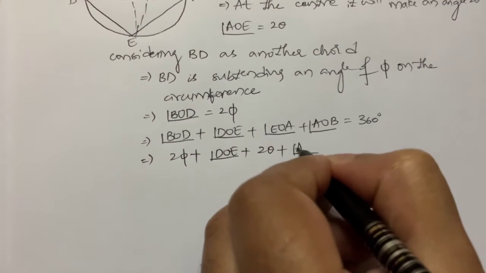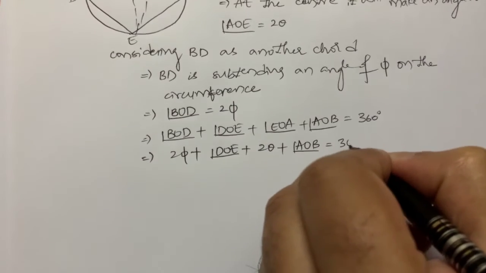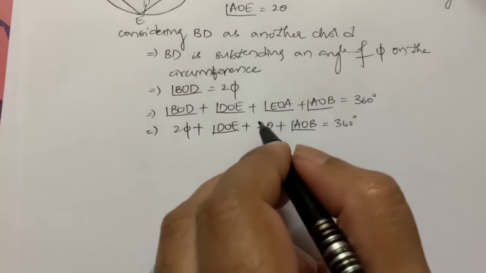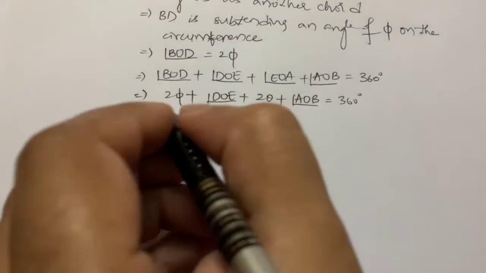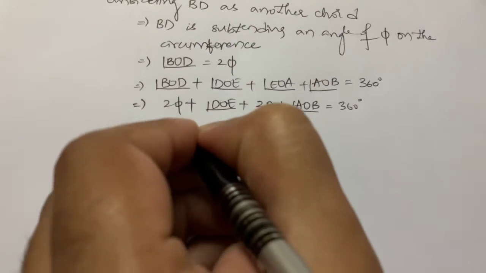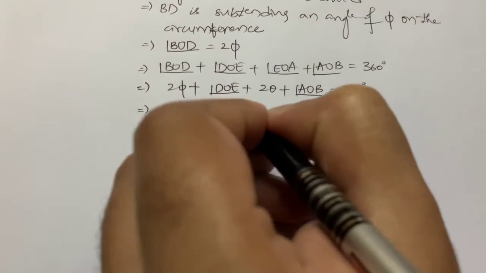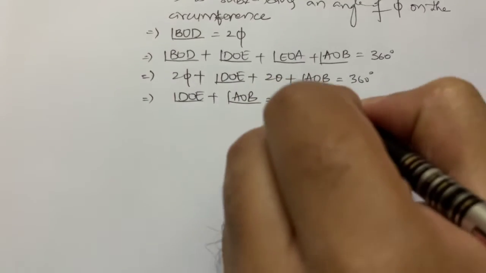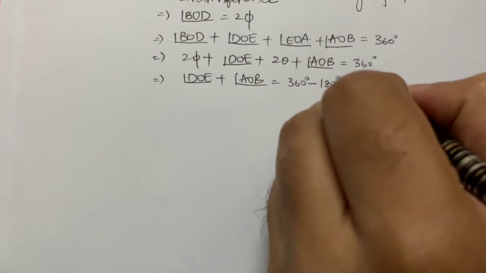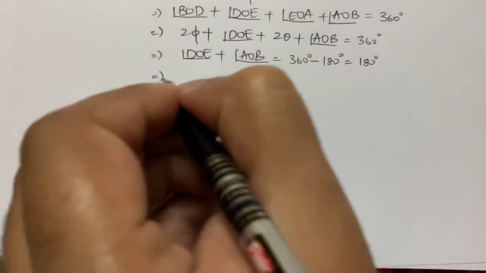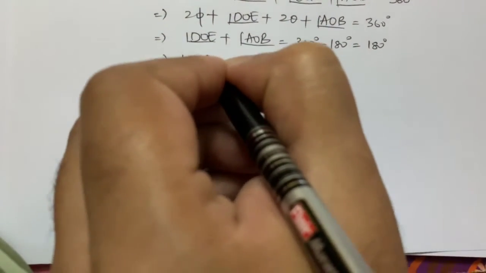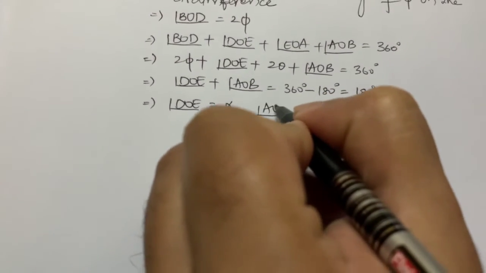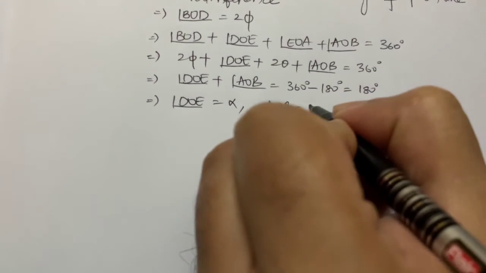So 2 theta plus 2 phi will be 180, because theta plus phi is 90. So angle DOE plus angle AOB is equal to 360 minus 180, which is 180. I'll assume angle DOE is equal to alpha, so angle AOB will be 180 minus alpha.